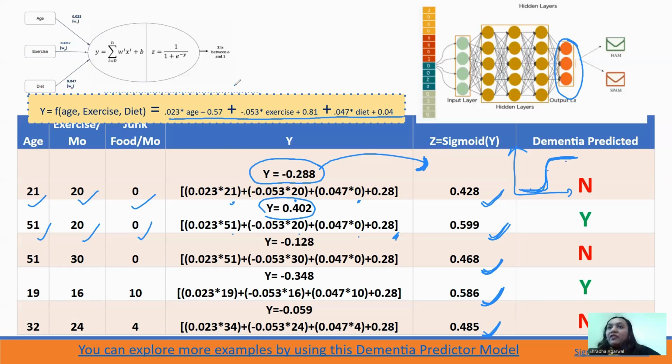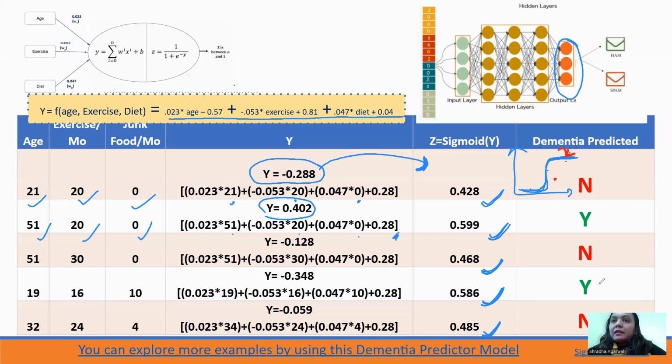Because now, if I plot all these sigmoid points here, and after plotting it, for example, let me change color. This was my person 1. This was my person 2.